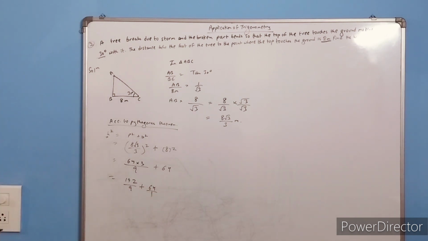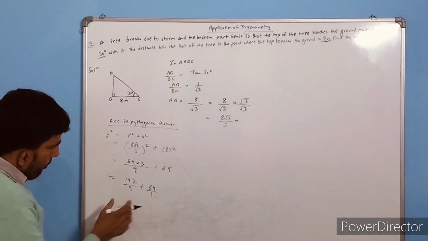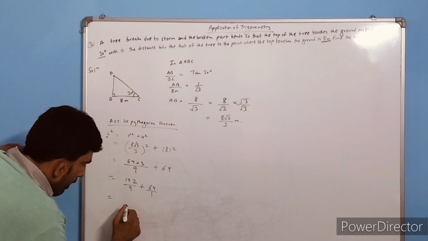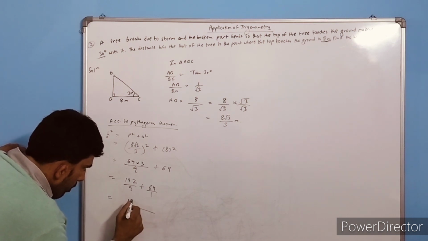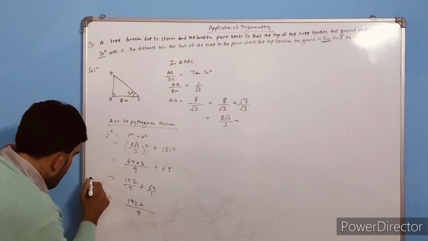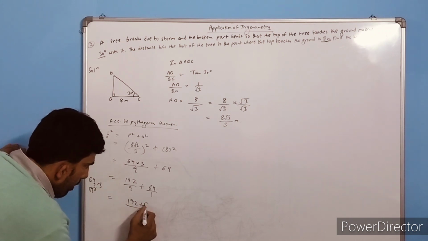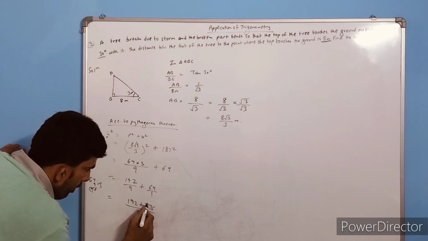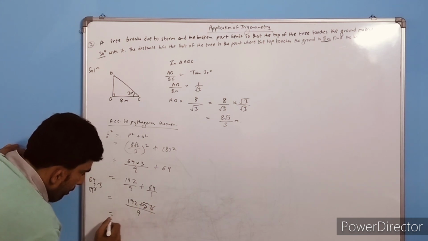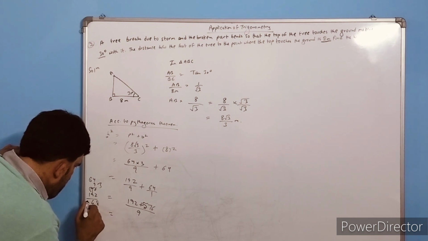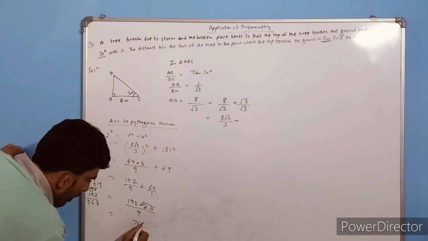But I think this method becomes long if I divide it and find it. So let us solve first. 192 plus this. 64 into 9, 576. Okay, this is what? 576. So if you add 192, 768 upon 9.